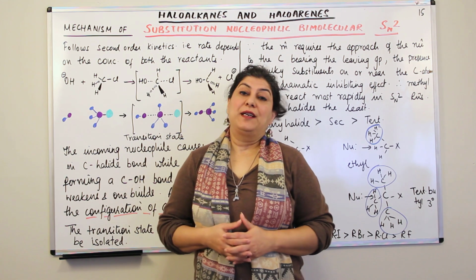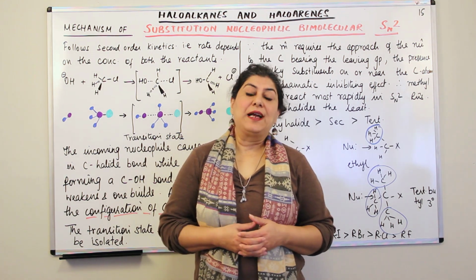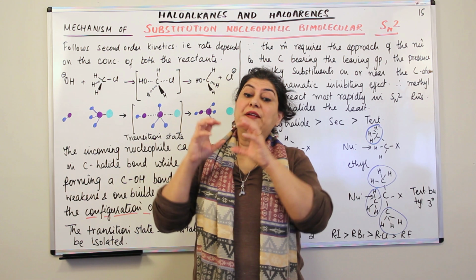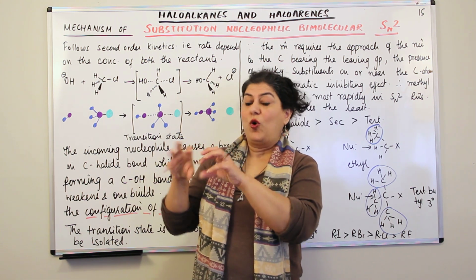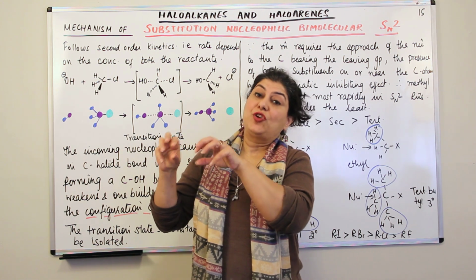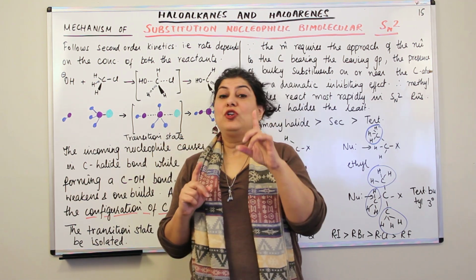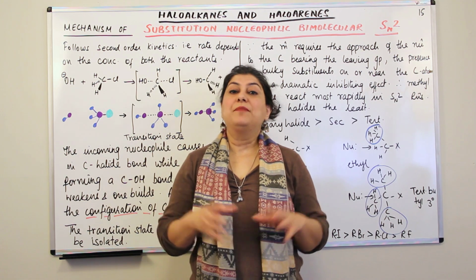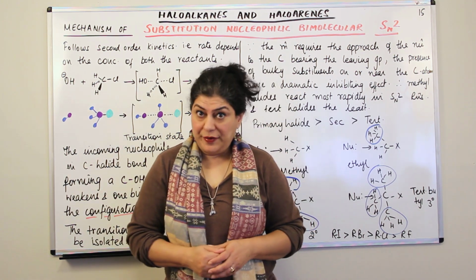Now, you've studied chemical kinetics. And what is a second order reaction? A reaction in which the rate of the reaction depends on the concentrations of two of the reactants, and not on just one. That is known as a bimolecular or a second order reaction.